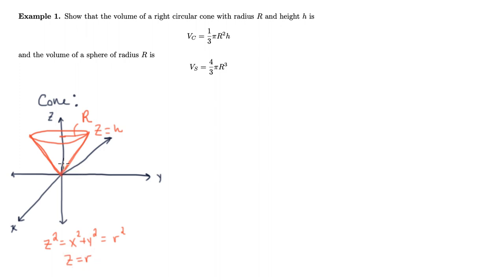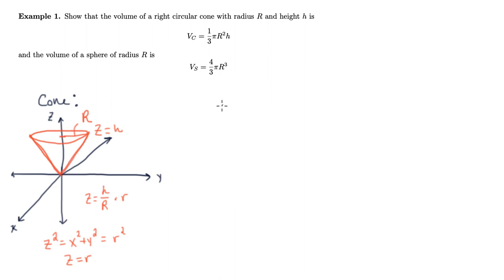But here I'm going up h over R. So actually my cone is not z equals r, it's going to be z equals h over R, the slope, times r. So that's how much z increases. That's how the radius of these circles, that make up the slices of the cone, are going to increase. Okay, but that means that z is going from this surface up to the plane z equals h.